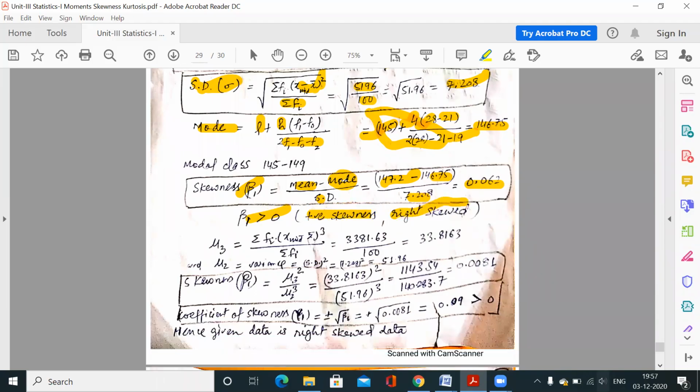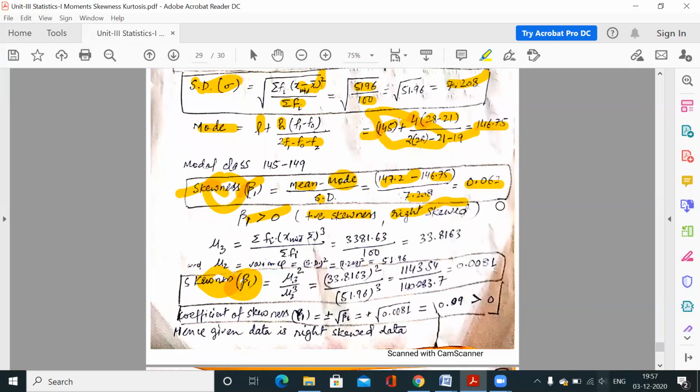I have also solved this question using the moments, to tell you that if you use this formula and that formula, you will not get the same value, you will get different values. Clear? But the concept would be the same. If it is right skewed, then from here also we will get right skewed data. If it is left skewed, from here also we will get left skewed.